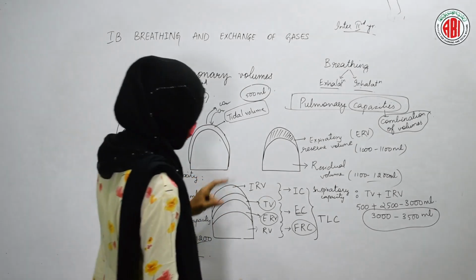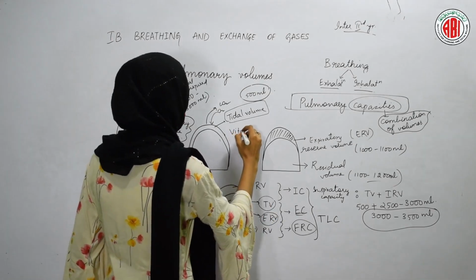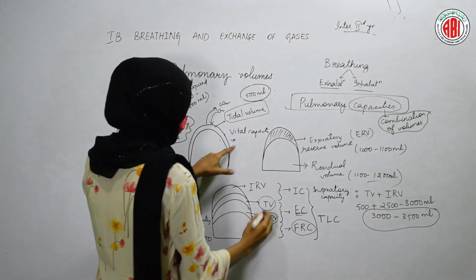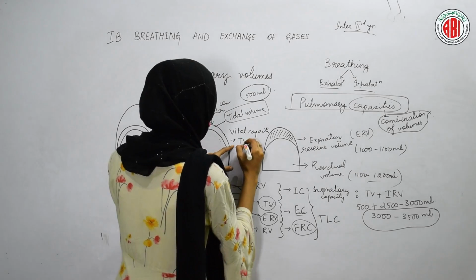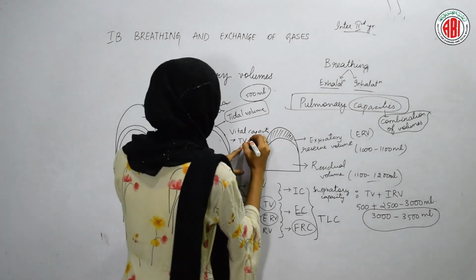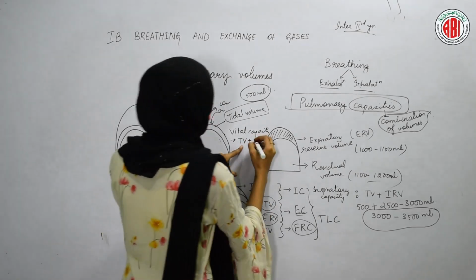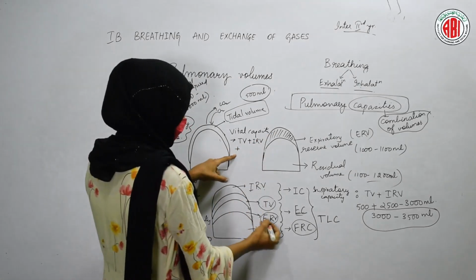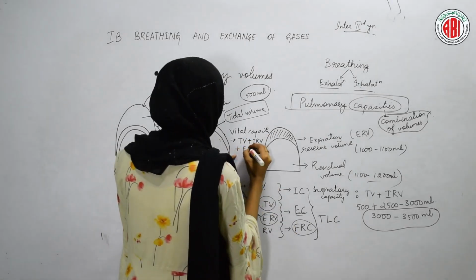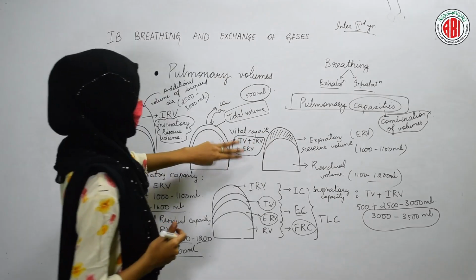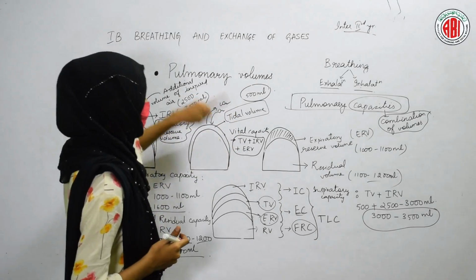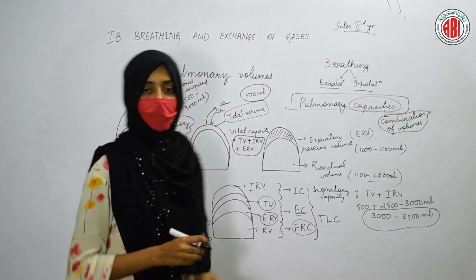In short, vital capacity shows the combination of tidal volume, normal expiration and inspiration, then inspiratory reserve volume, forceful inspiration, then expiratory reserve volume, forceful expiration. When we combine these three volumes, it gives us the vital capacity of our lung.